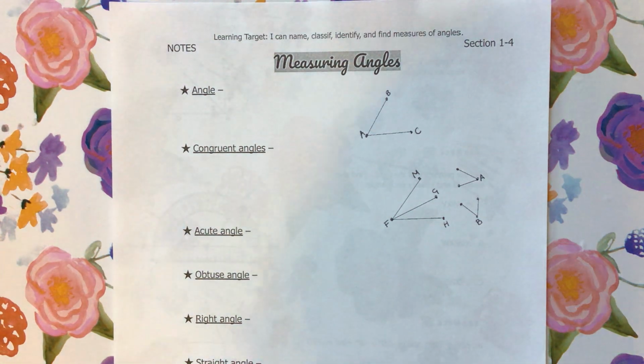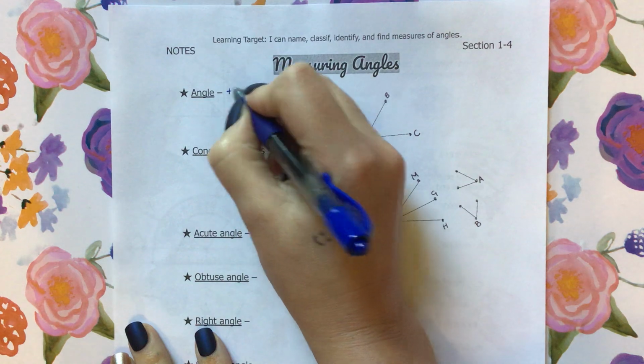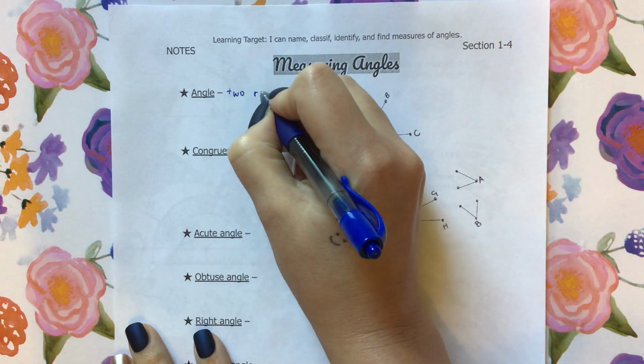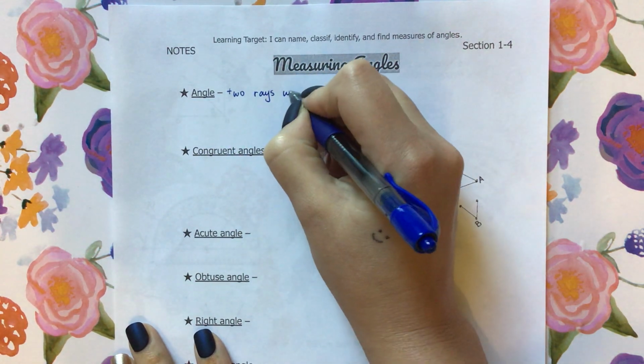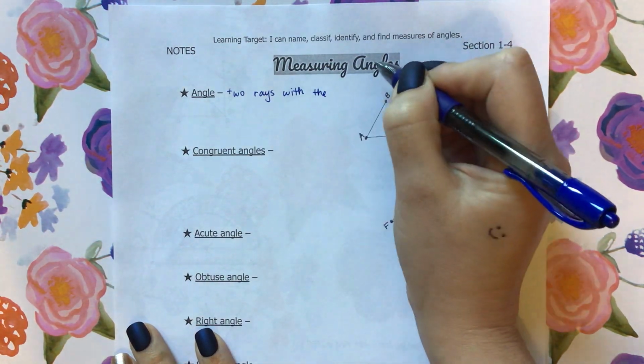So first of all, what is an angle? Well, in technical terms, it is two rays with the same endpoint.